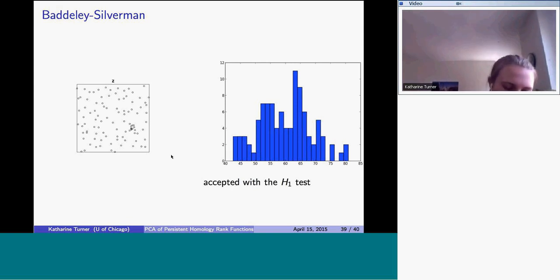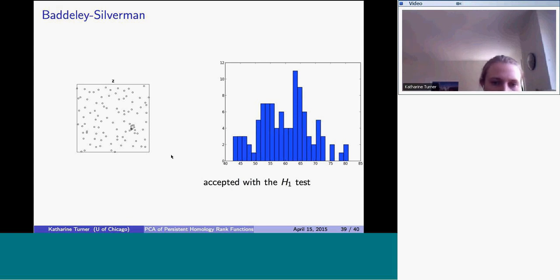The goal is then to draw a whole lot of point patterns from other models that aren't completely spatially random, and see whether or not we detect them as not being random.